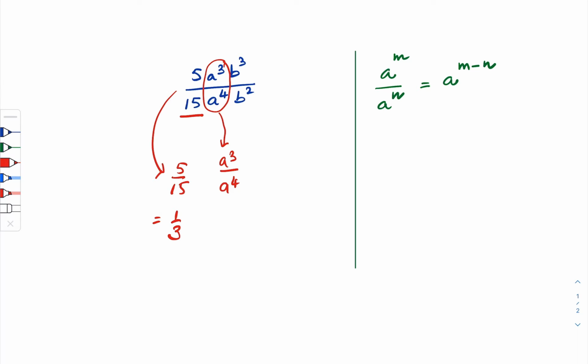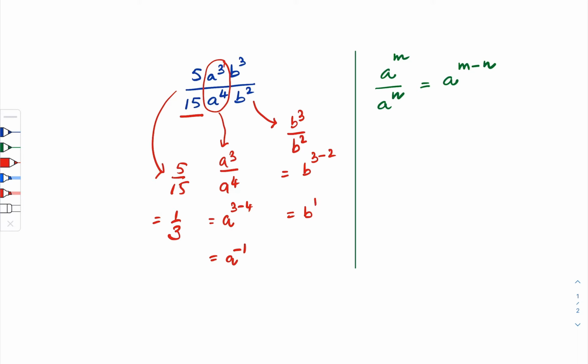So in this case, that is going to be equal to a raised to 3 minus 4, which is a raised to negative 1. All right, and then we do the same thing with the b's. So that becomes b cubed over b squared, which is b raised to 3 minus 2, which is b raised to 1.